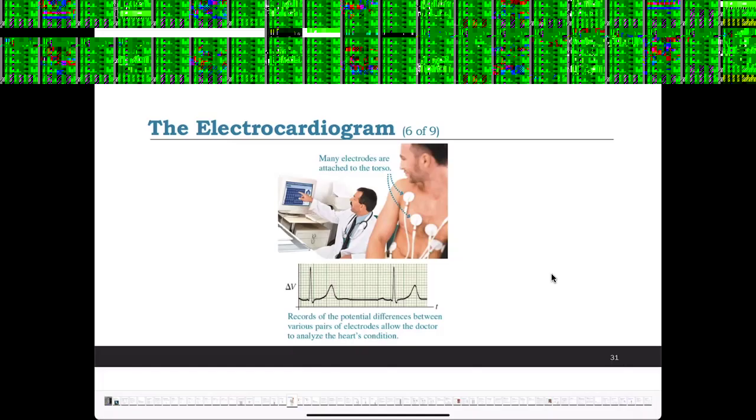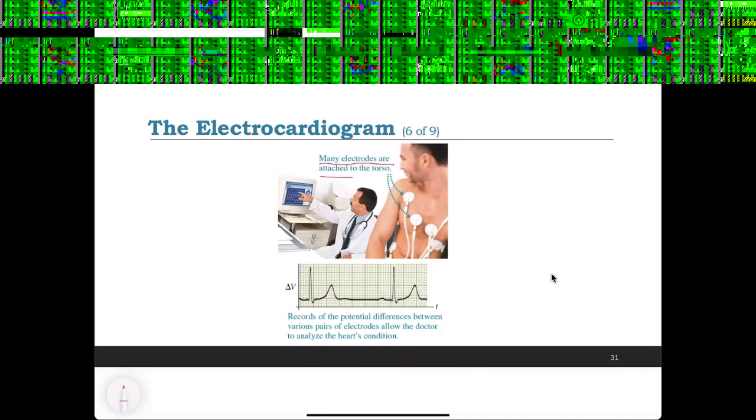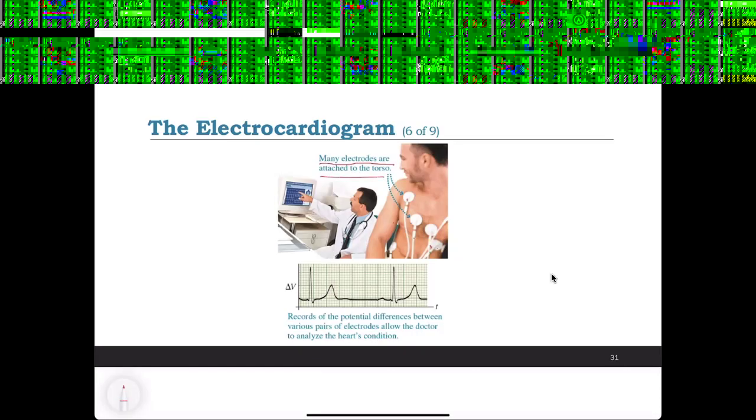You can see the nurse or the doctor will put many electrodes attached to the torso, and record the potential differences between various pairs of electrodes, which allows the doctor to analyze the heart's condition.